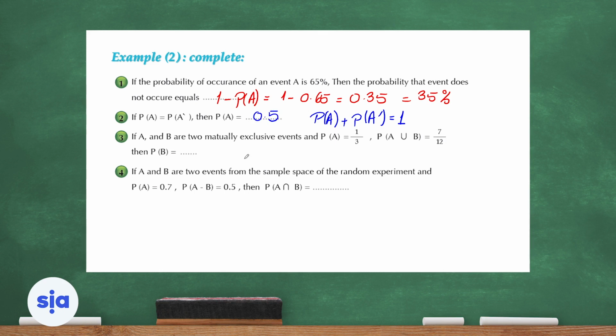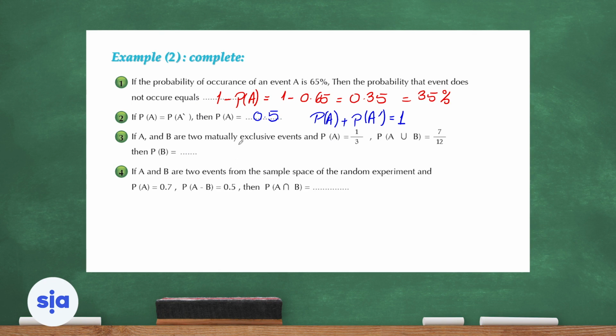Question 3. If A and B are two mutually exclusive events, the probability of A is 1 over 3, and the probability of A union B is 7 over 12, what is the probability of B?